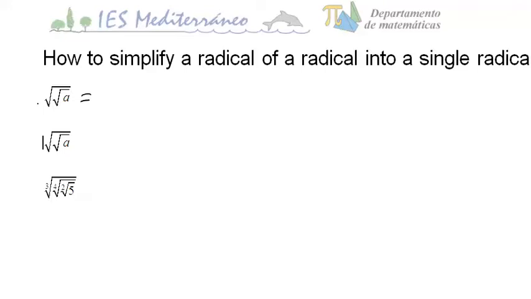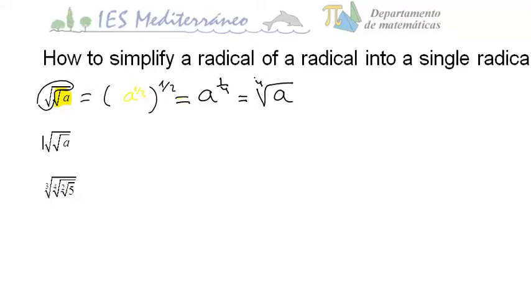We know that this first radical, this first root, means that we've got something raised to 1/2, but this one, the yellow one, is a raised to 1/2 as well. So finally we've got a raised to 1/4, which is the 4th root of a.